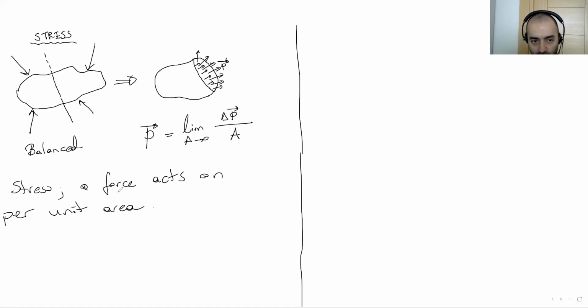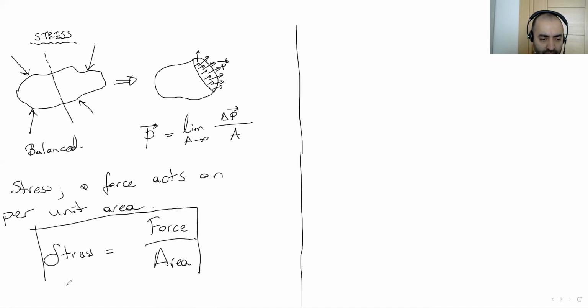So at the end of the day, stress is force over area. Okay, I think you know this from high school physics lessons. It's the same, there are no differences. Force over area.